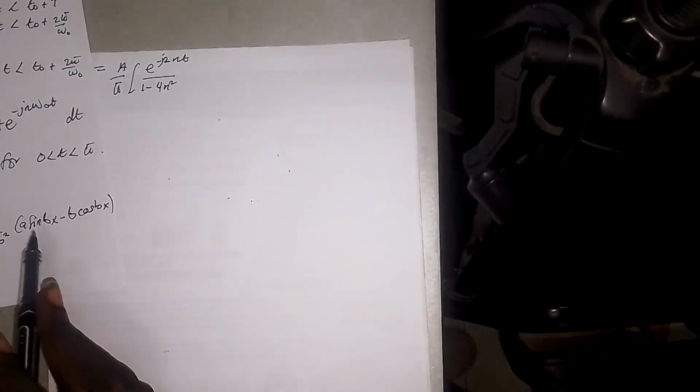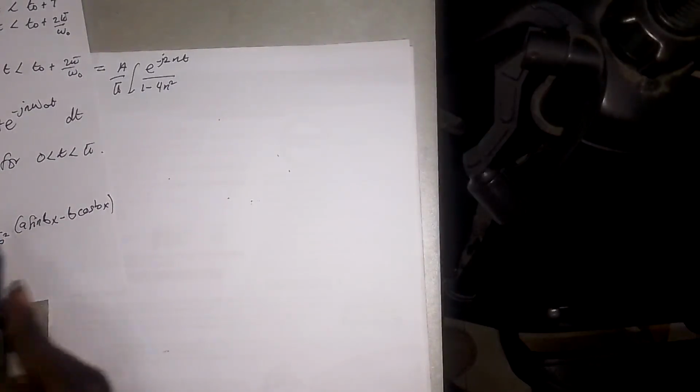So what is a squared? Minus j2n squared gives j squared, which is minus 1, and 2 squared is 4, and n squared is n squared. So if you put it into this equation, this is what you're going to get.